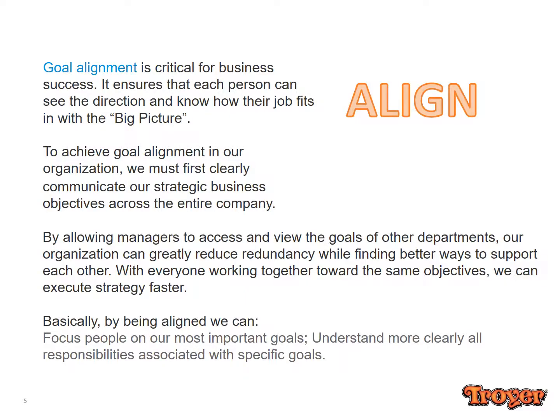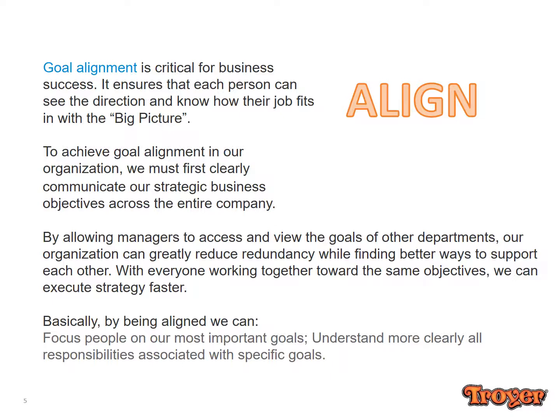All right, we've spent a lot of time talking about setting goals. It's critical that those goals are aligned from the top-down strategic goals of the company, from departments down to individual team members, and even, and this is very important, even across departments. Think of it like a boat.